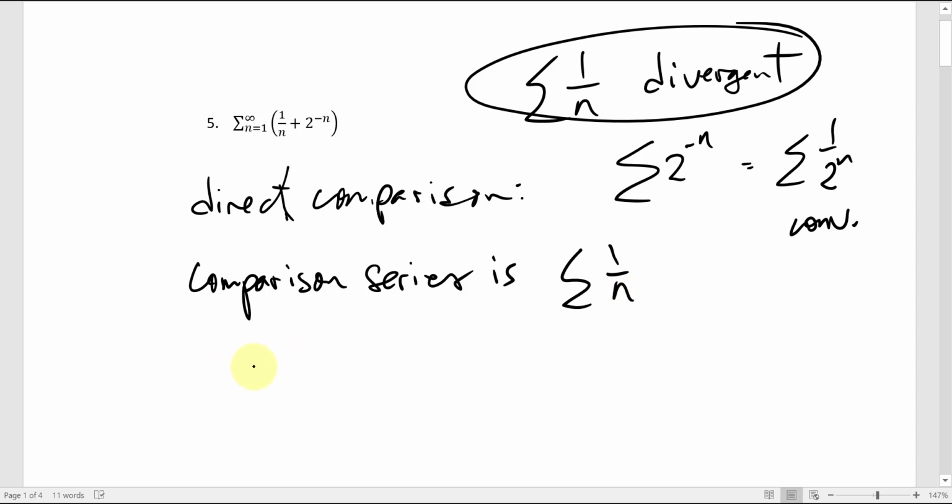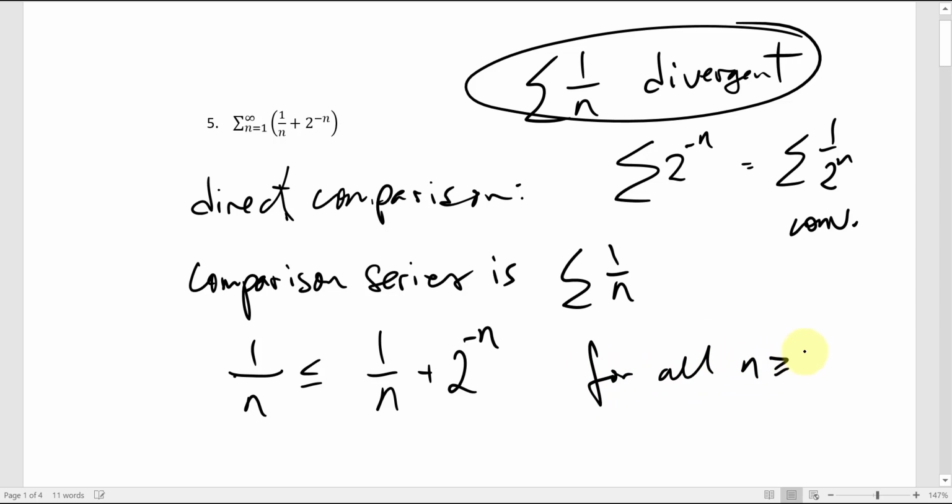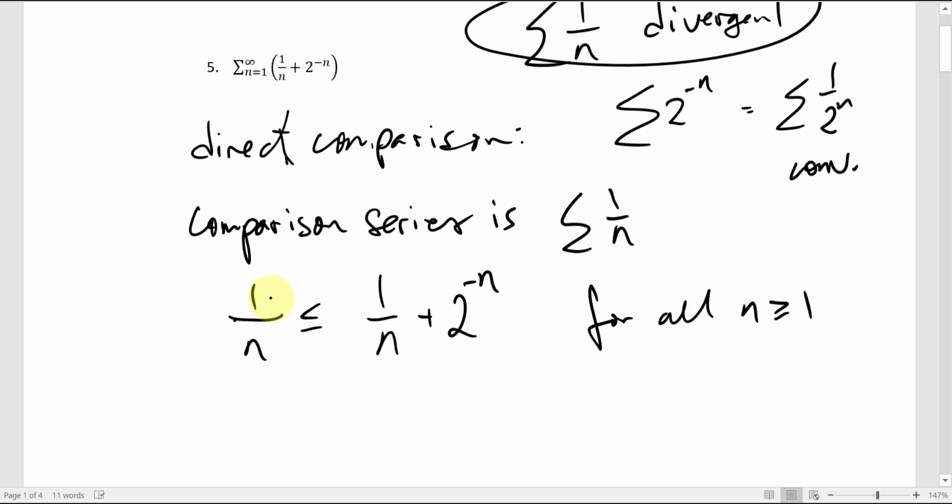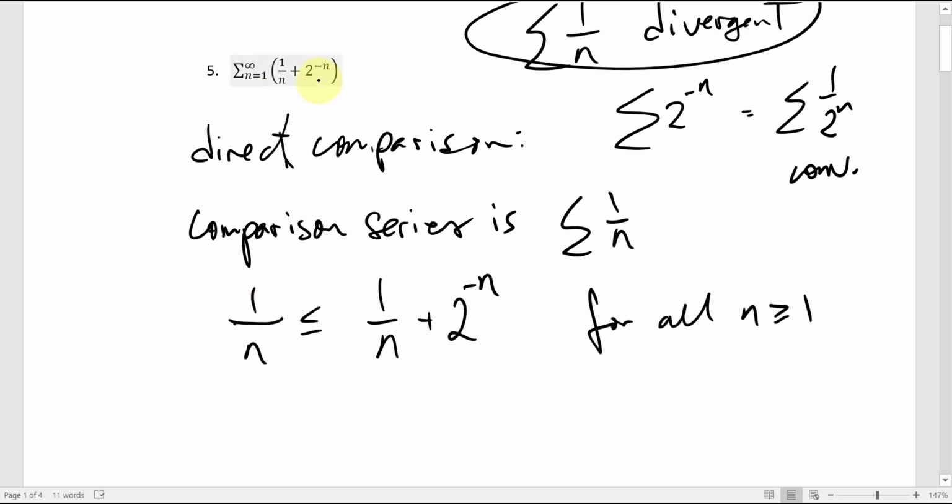So the work we would do here is to say 1 over n is less than or equal to 1 over n plus 2 to the minus n, and to be very textbook about this, for all n greater than or equal to 1. Since that's true for all values of n, you can conclude that the given series will diverge because it is larger term by term than the terms of the comparison series.